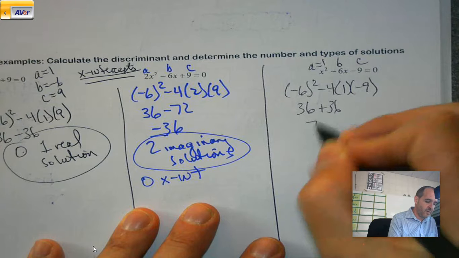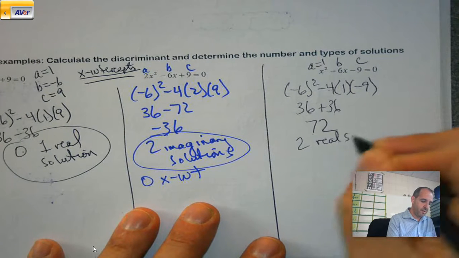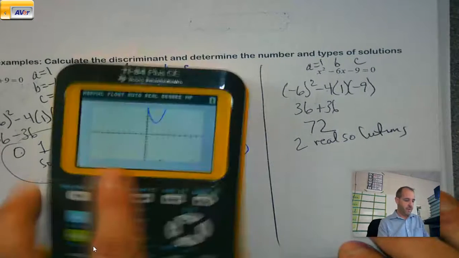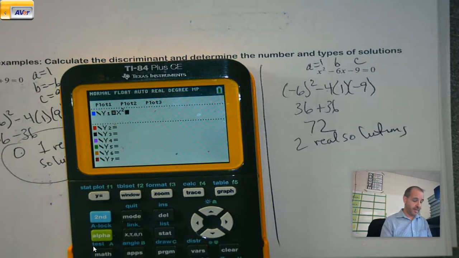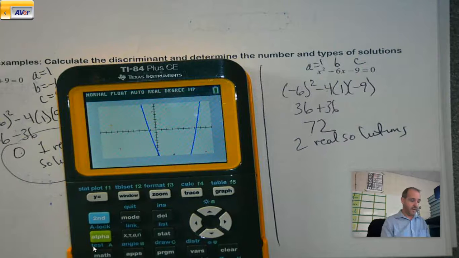Be careful. Is 72. Two real solutions. Now, let's get this one in here. This way we're going to have seen every possibility that can come up for you. And we should see it cross the x-axis twice, and it did.